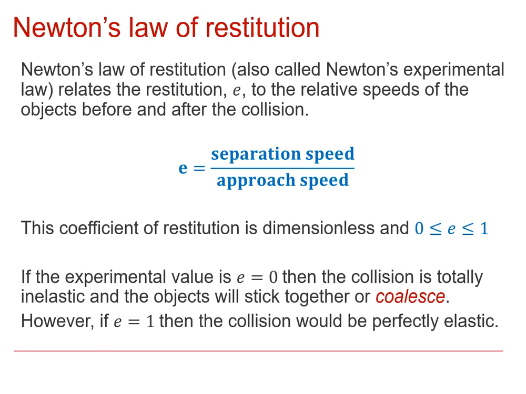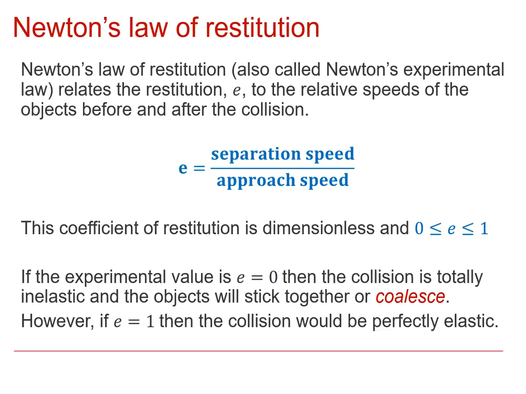Now, what we're going to assume, and this is what has been found to be true most of the time with experiments, is that this thing is a constant for any two objects. So it doesn't matter how fast they approach each other, that ratio will still be the same.